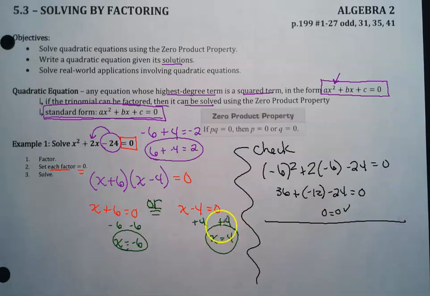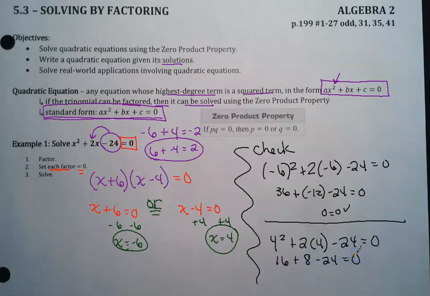We can plug in 4. So we would have 4 squared plus 2 times 4 minus 24 should equal 0. 4 squared is 16 plus 2 times 4 is 8, minus 24 should equal 0. 16 plus 8 is 24. 24 minus 24 is 0.